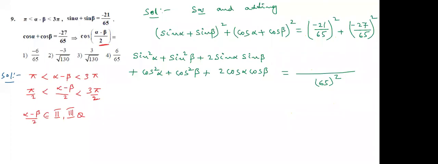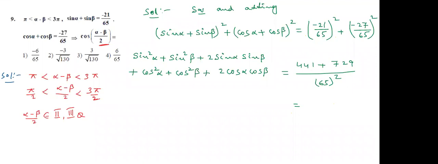Then numerator, what is 21 square, students? 21 into 21, that is 441 plus 27 square, that is 729.